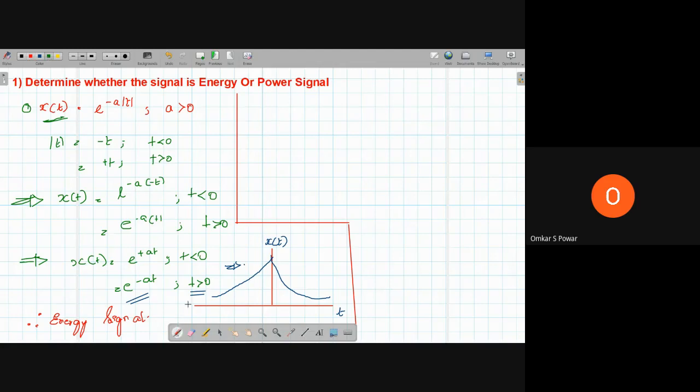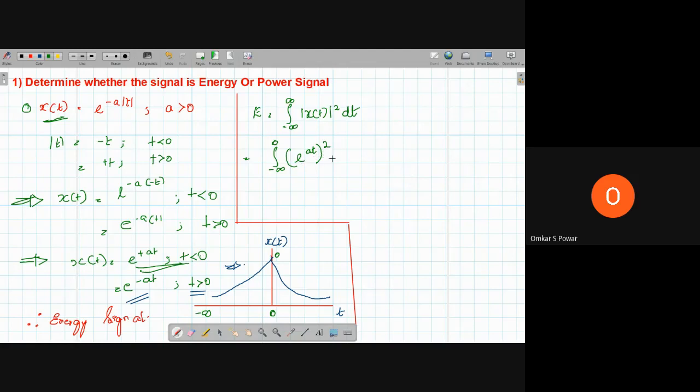Now, what is the formula for energy of the signal? E is equal to the integral from minus infinity to infinity of mod x of t the whole square dt. Now, minus infinity to 0: what's the value? e power 2at, the whole square, for t less than 0.